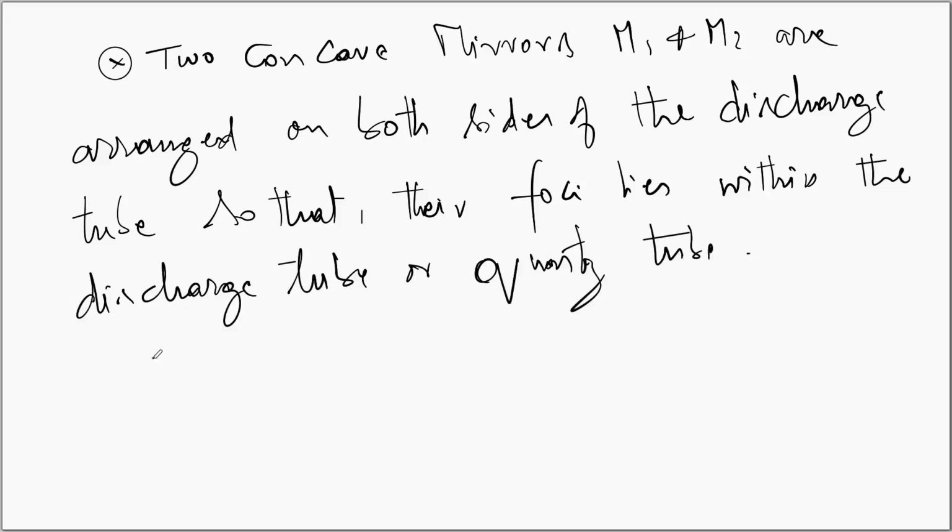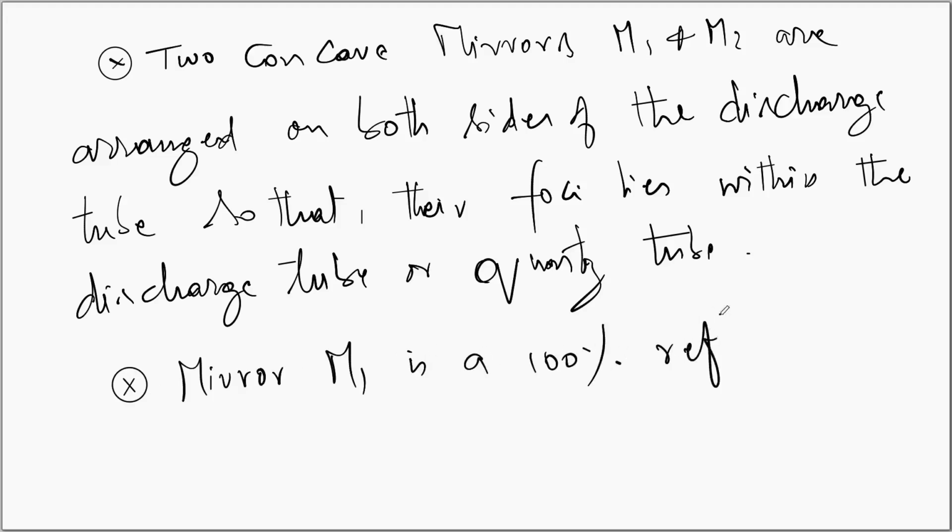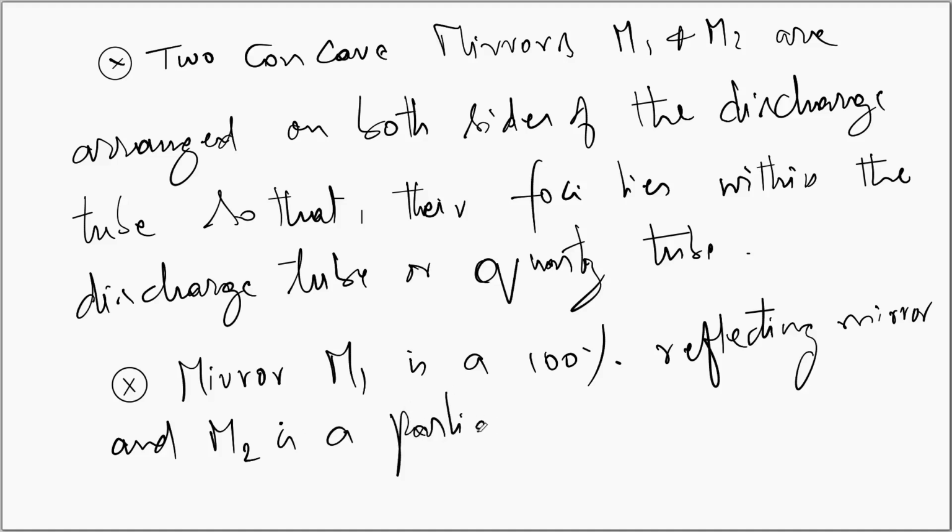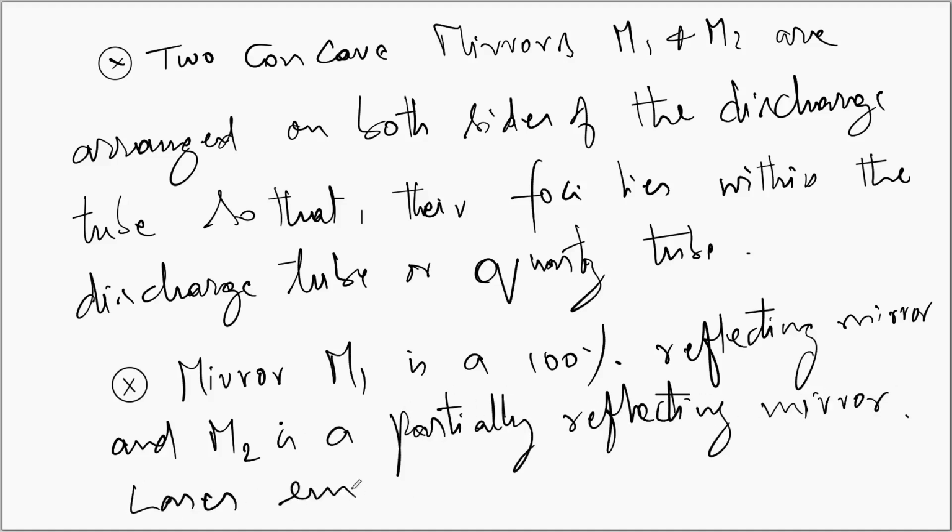Here, mirror M1 is a 100% reflecting mirror and M2 is a partially reflecting mirror. Laser emerges from the M2 mirror.